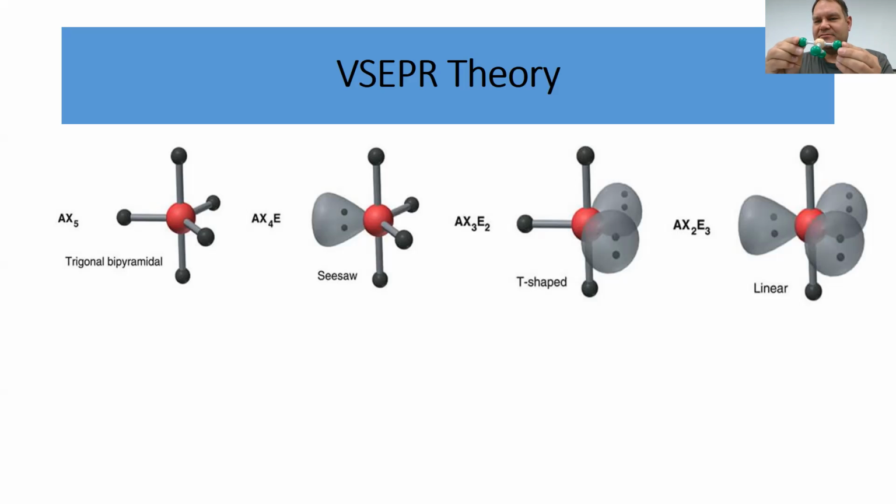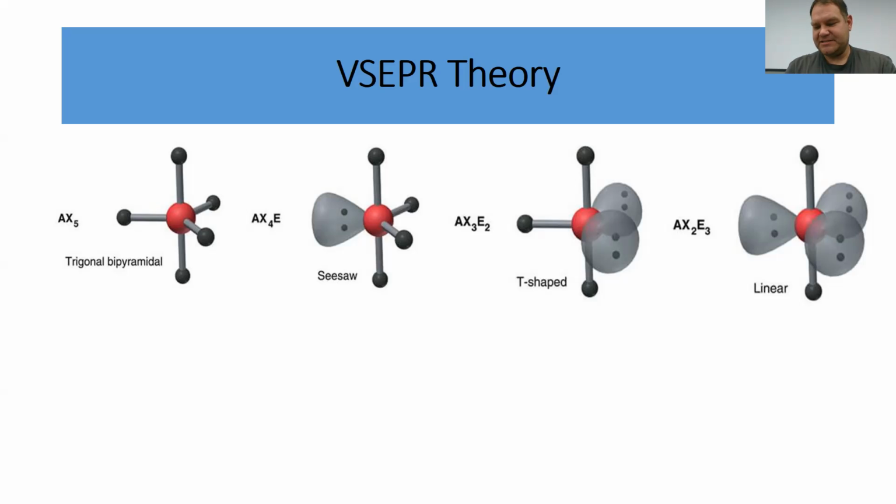And now this angle here to here is 180 degrees. And because of this lone pair here, it's going to push these together to create a smaller angle of 117. So instead of 120, it'd be 117 from here to there.